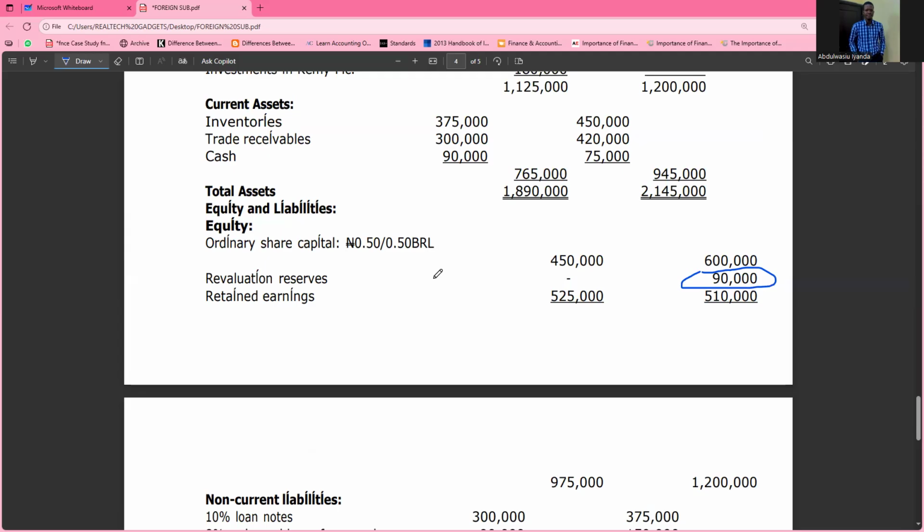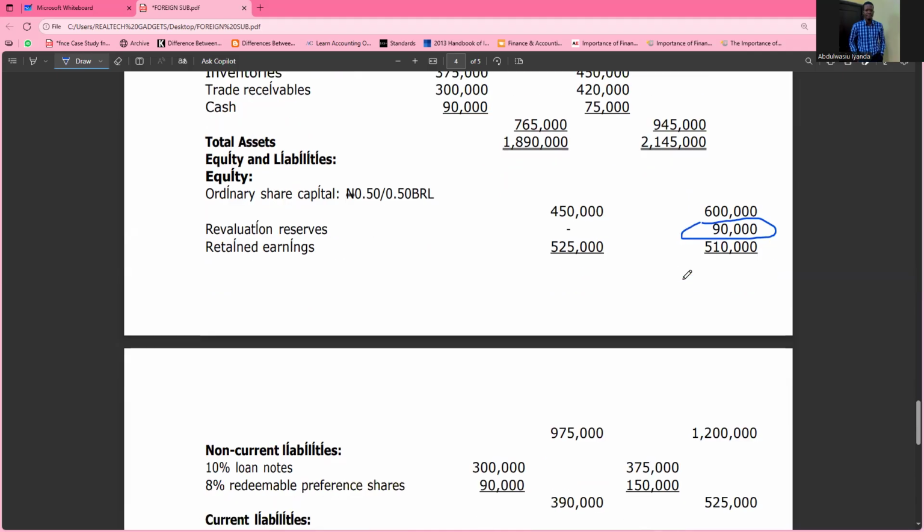Whenever you have revaluation reserve, or they say other reserve, or other component, you need to be very, very careful. So you need to go to the body of the question and check: this 90,000 that you report now, what date does it occur?